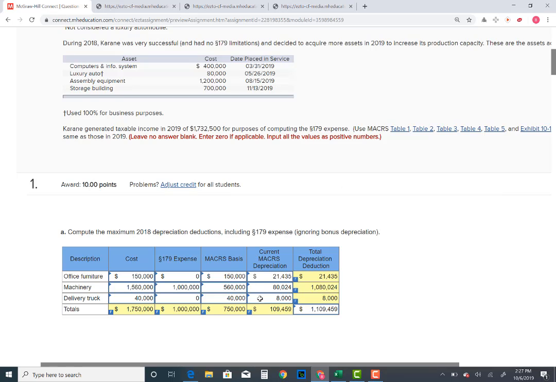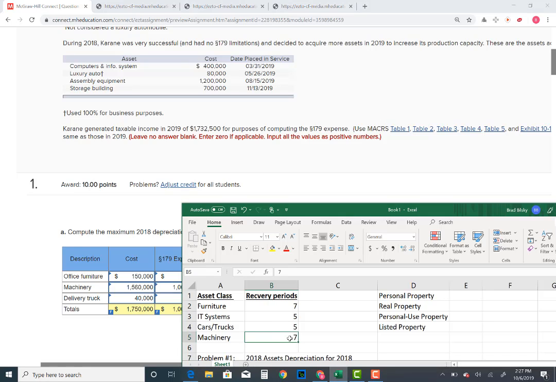So notice here, we're going to do the calculations for our MACRS depreciation. But first off, if we're taking the 179 expense, we have a limit of $1 million, and we're going to apply that to the machinery here. If we go back and look at machinery, it has a 7-year recovery period.